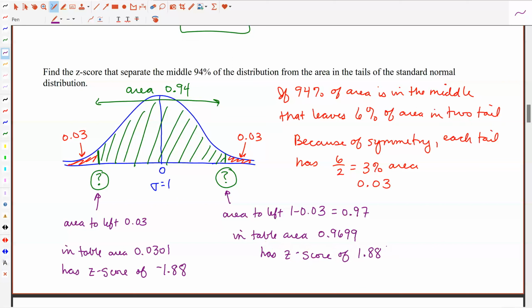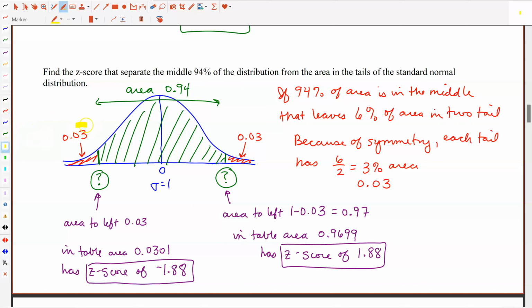Alright, so these are the z-scores I want. It says find the z-scores that separate the middle 94% of the distribution. Those z-scores are negative 1.88 and positive 1.88. Because we have a mean of 0, and because the standard normal curve is symmetric, this is actually a cool thing: the area that I wanted to the left and to the right was the same area.